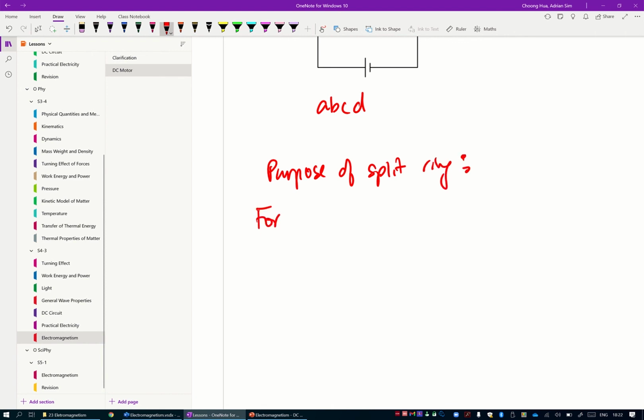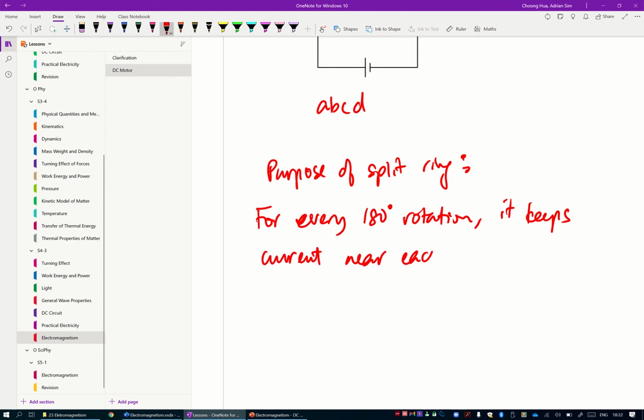Okay, purpose of split ring: for every 180-degree rotation, it keeps current near each pole of magnet flowing in the same direction.